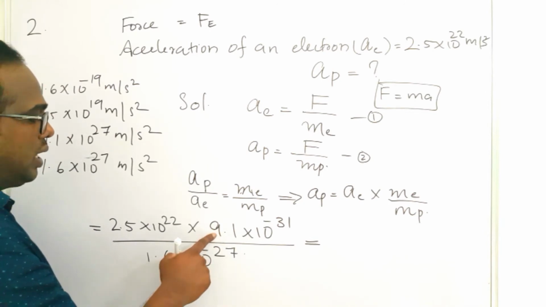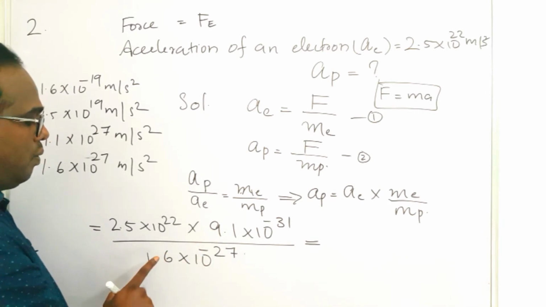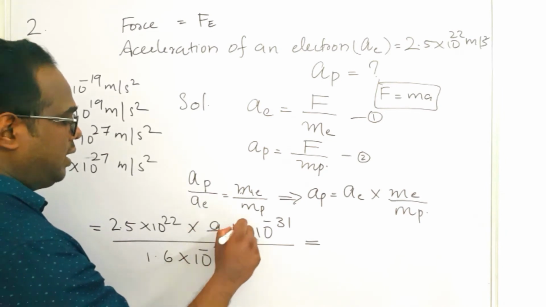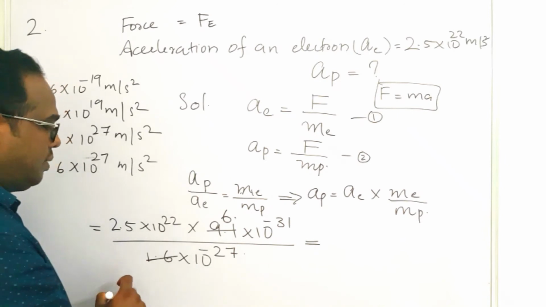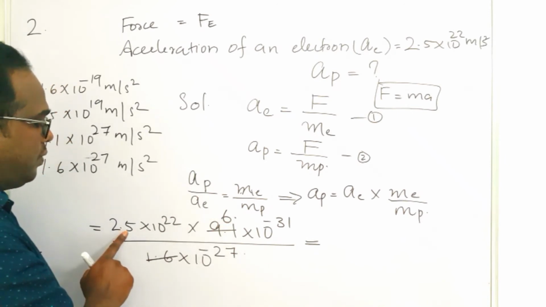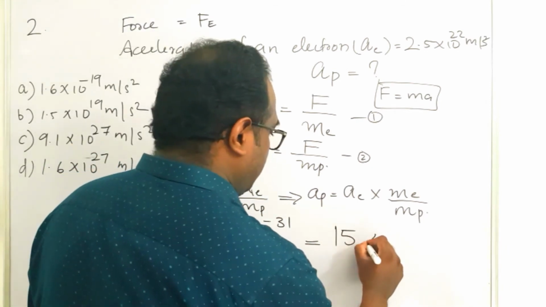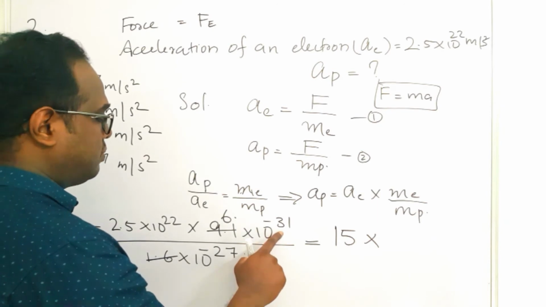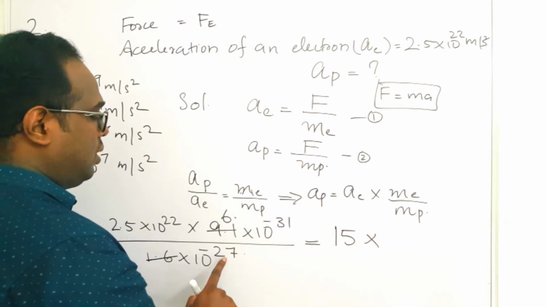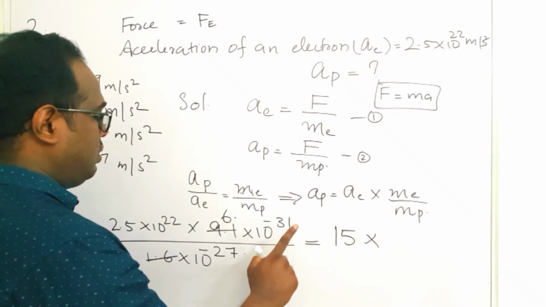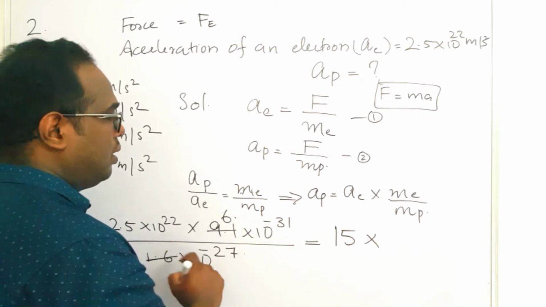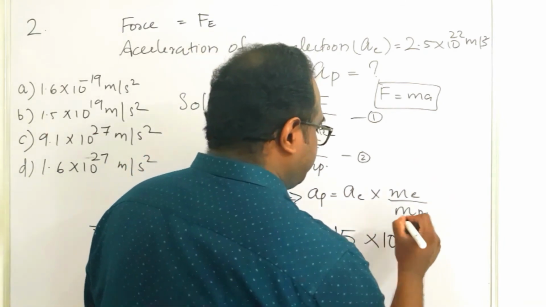Approximately, you can take this as 9 and this as 1.5. 9 divided by 1.5 is 6, right? 6 into 2.5 is 15, right? 15 into 10 to the power, when the proton mass comes to the numerator, 10 to the power 27 plus 22 minus 31, which is 10 raised to 18, right?